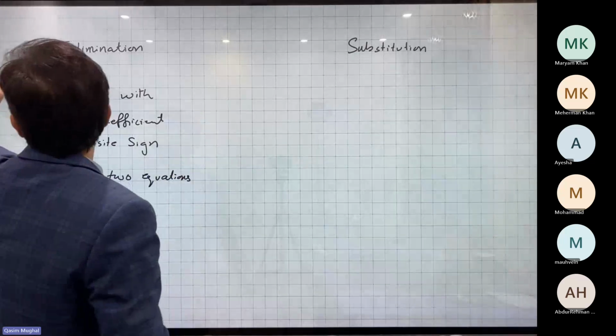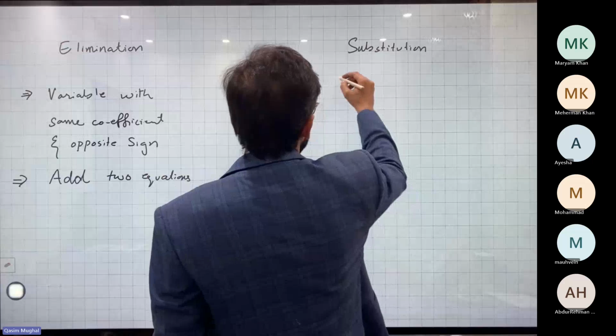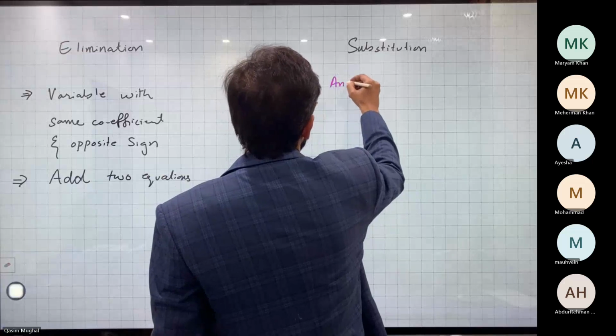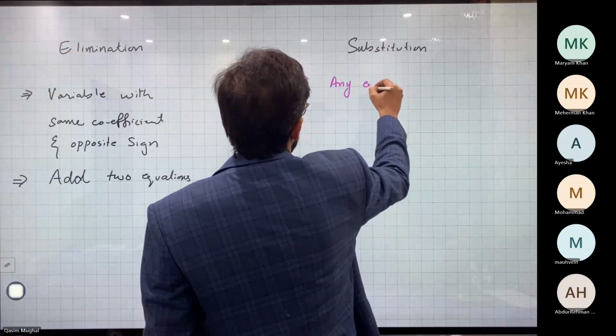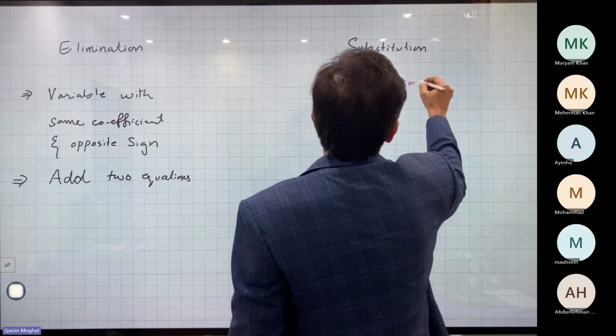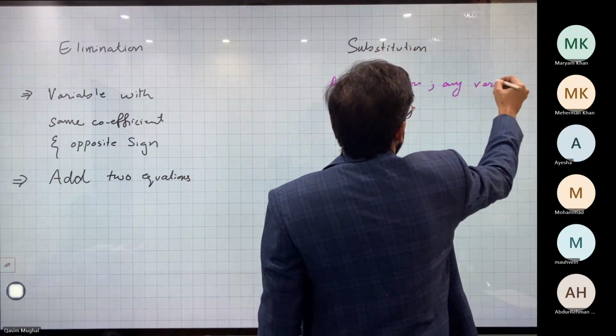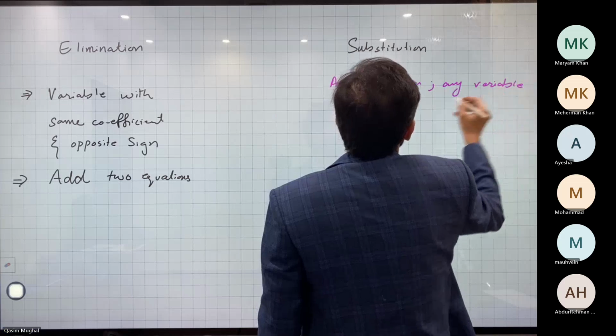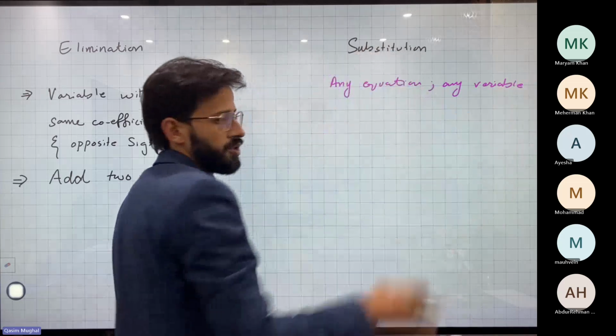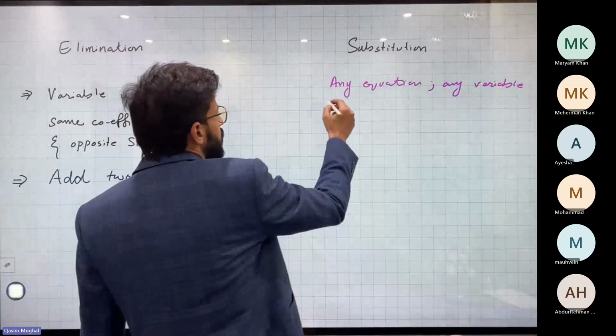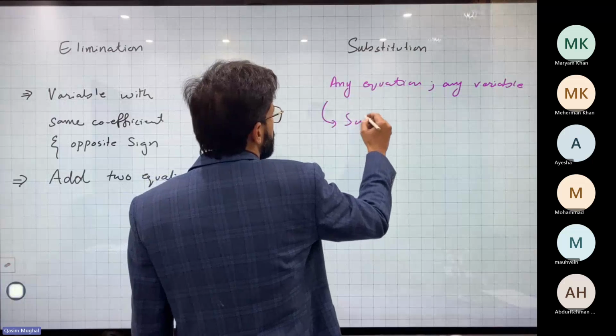Next is the substitution method. In the substitution method, pick any equation, any variable. Just pick any equation and then pick any variable out of it. Make it the subject.